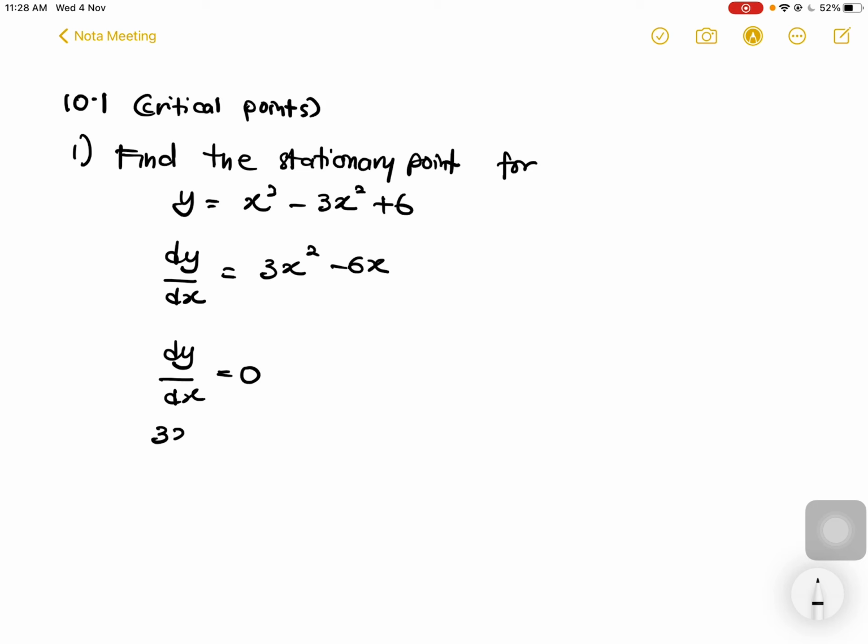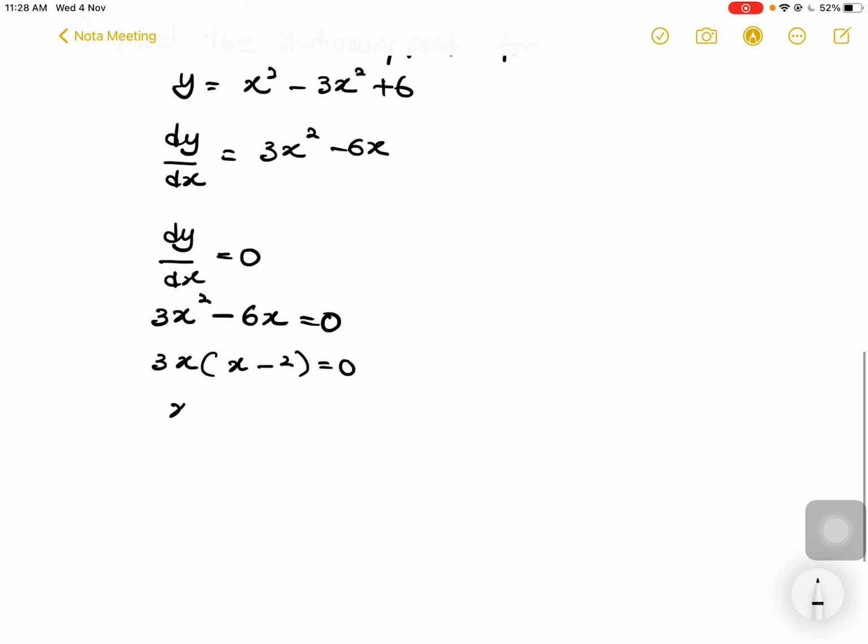So you substitute your equation, 3x square minus 6x is equal to 0, and then you solve. You factorize 3x, so left x minus 2 is equal to 0. So your x is equal to 0 and x is equal to 2.